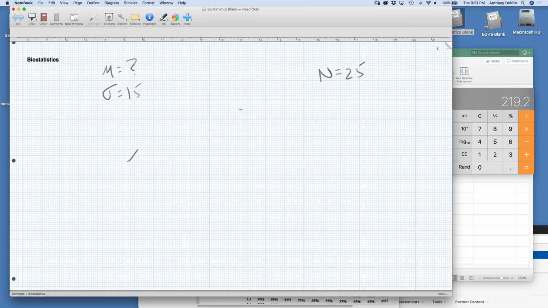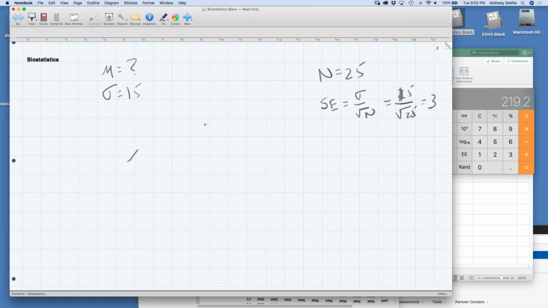We know that if we take samples of size 25 over and over again, the means are going to be distributed normally, and they are going to have a standard error, or standard deviation of the repeated means, equal to sigma over the square root of the sample size, right? Which is 15 over the square root of 25, which is 5. So 15 over 5 is equal to 3. That's our new standard error.